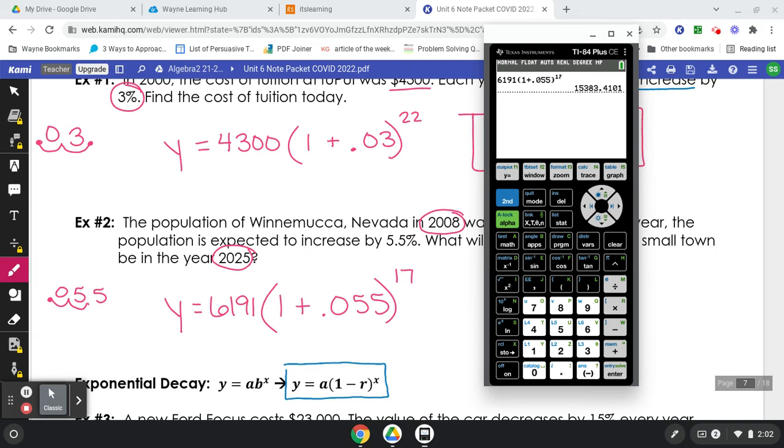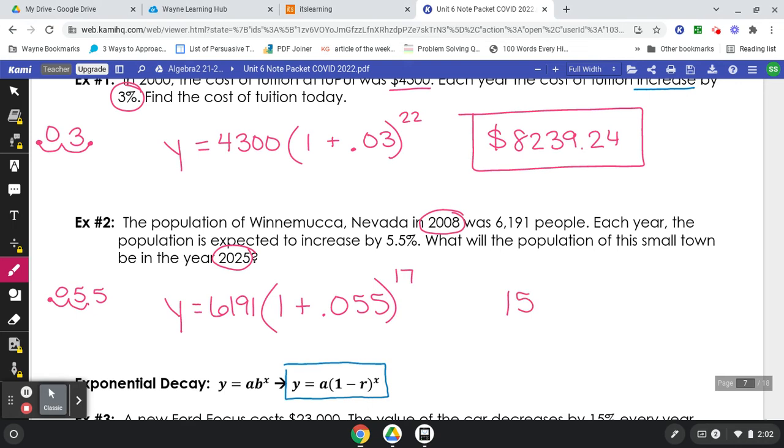All right, since we're talking about people on this problem, we don't really do decimals of people. So we're going to round to the nearest whole number. 15,383. Check out this next number. It's a 4. Too small for us to bump up that 3 to the next number. So we'll leave it 15,383. And then if you want to say people, you're more than welcome. There we go.